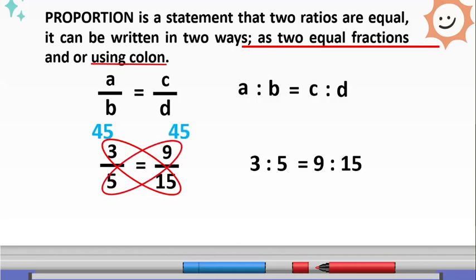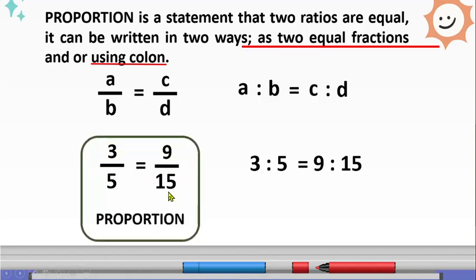If the product of the extremes and the product of the means are equal, in this case they are both 45. Therefore, ratio 3 to 5 as ratio 9 to 15 is proportion.